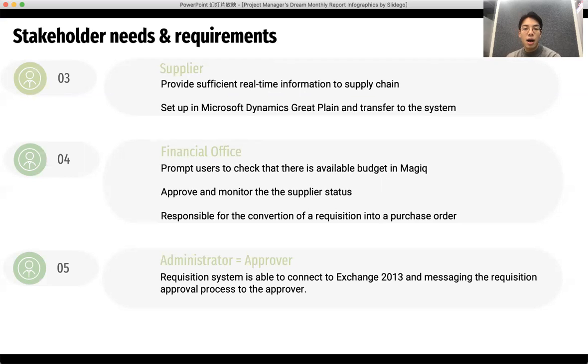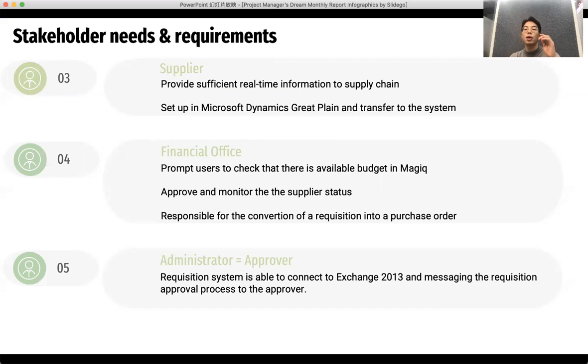The fourth stakeholder I identified here is the financial office. They have requirements to prompt users to check that there is available budget in Magic Queue, and also to approve and monitor the supplier status responsible for conversion of the requisitions into a purchase order. The fifth stakeholder I identify here is the approver.